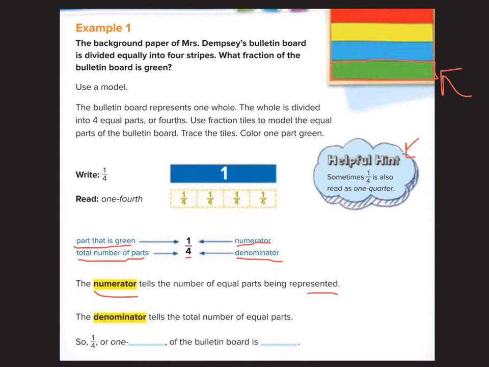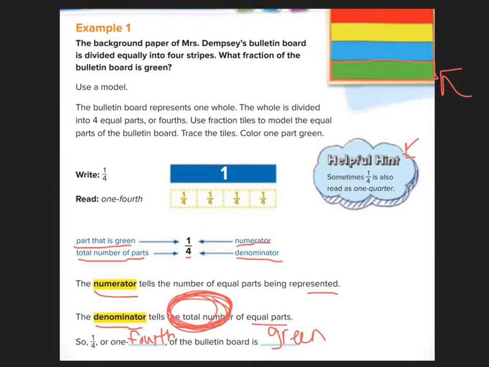Okay, so it's the part that we're talking about. And then the denominator tells us the total. That's the key word for denominator, the total number of equal parts. So 1/4, or one fourth if we spell it out in words, of the bulletin board is green.